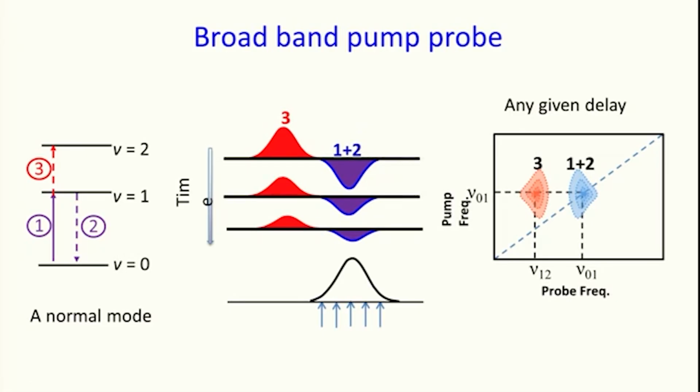Okay. So, that would give you the difference in frequencies of nu 12 and nu 01 modal frequencies. Okay. That is not very difficult to understand, okay. But that has already introduced us to 2D IR. This is the simplest possible 2D IR spectrum that one could think of.